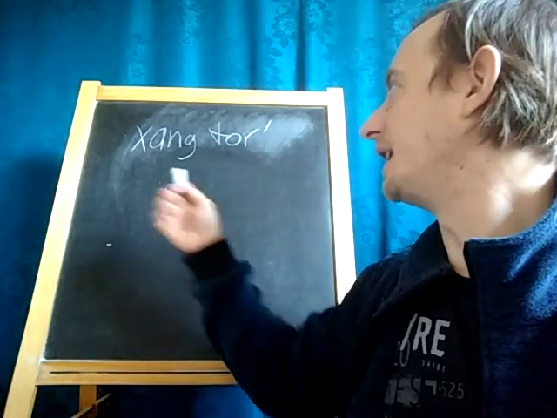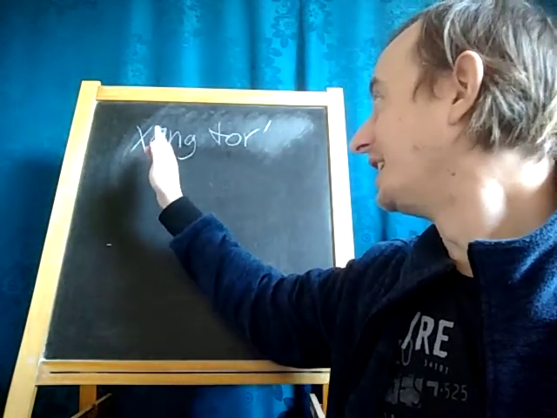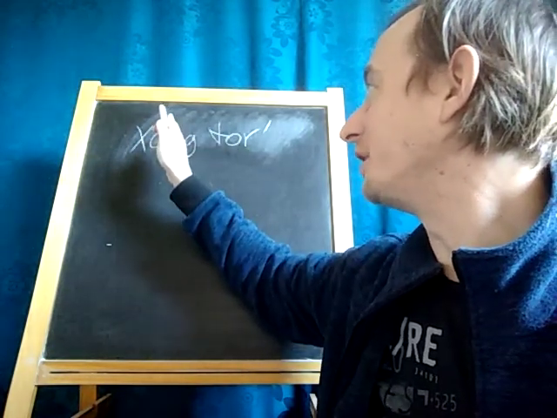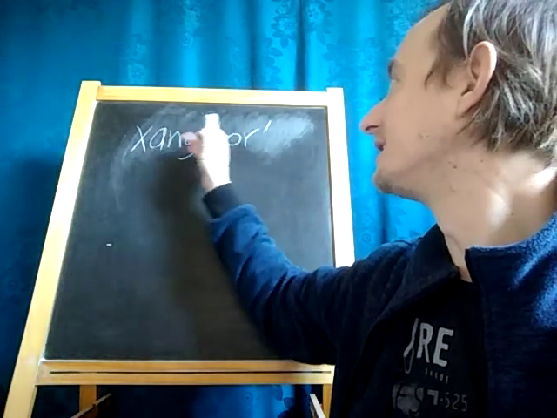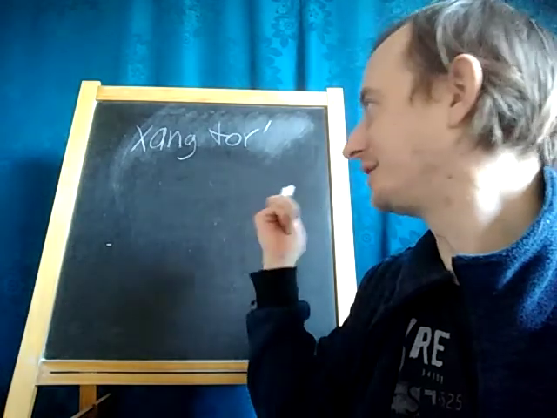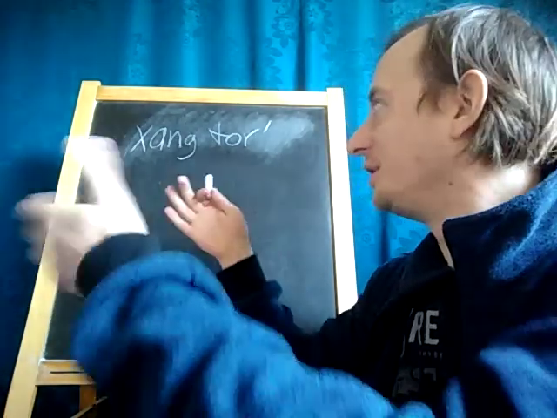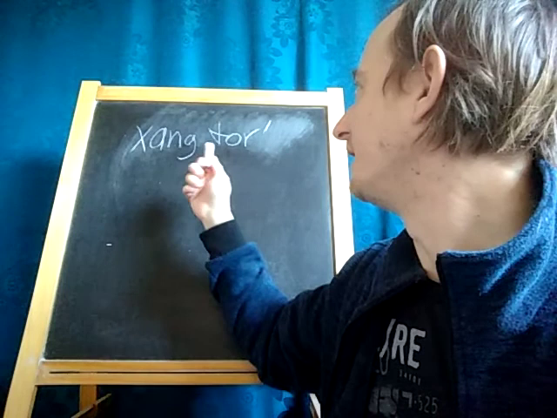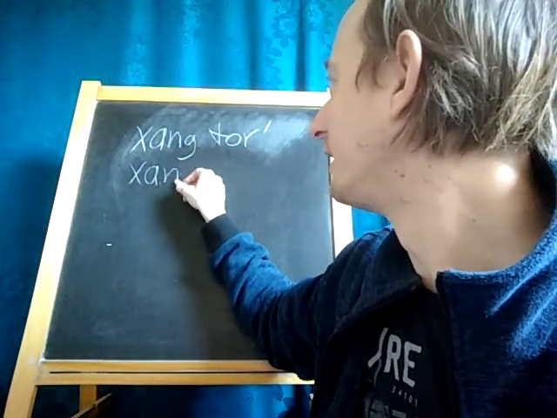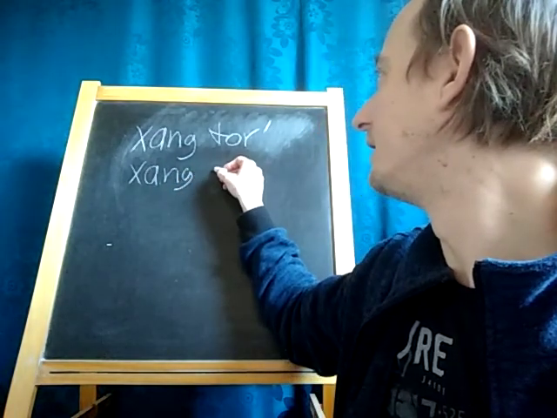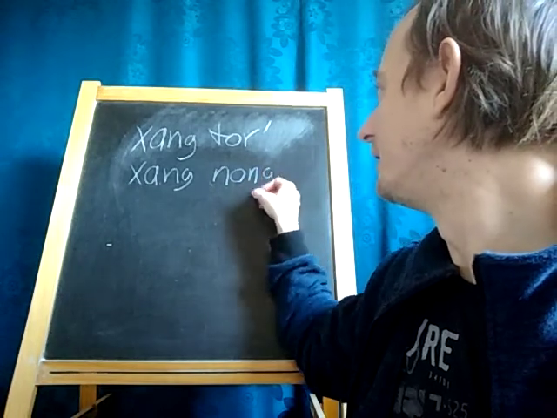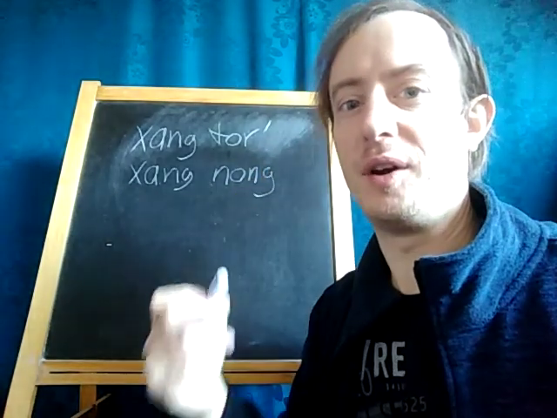So you go into the library and you find many books. You find a few books where the title says Xang Tor, it is written on the book Xang Tor, and you think, okay, they are probably very good. So you take a few books, and then you get a few books that say Xang Nong.